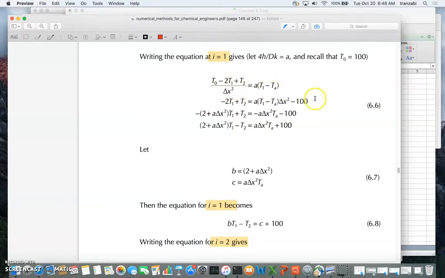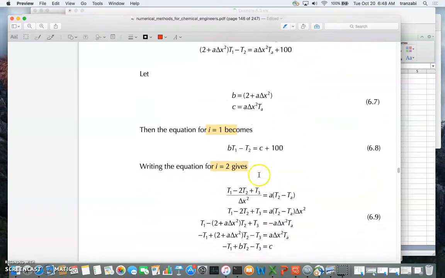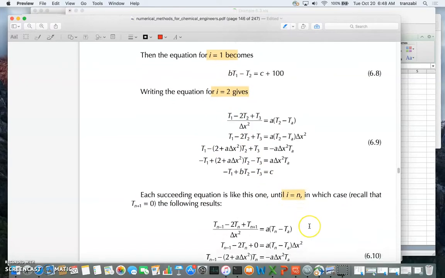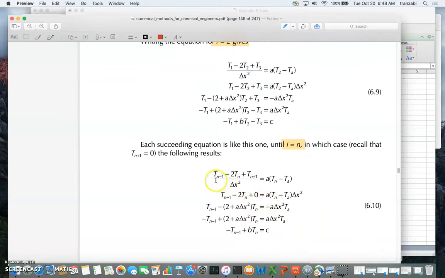Then multiply by del x squared, use these constants, and at the end of the day we get this equation, another equation, right? So T1, T2, T3 involved. So we keep doing this. I'm going to plug in i equal 3, 4, 5 all the way to n, and when we put that in, we get this equation, right?